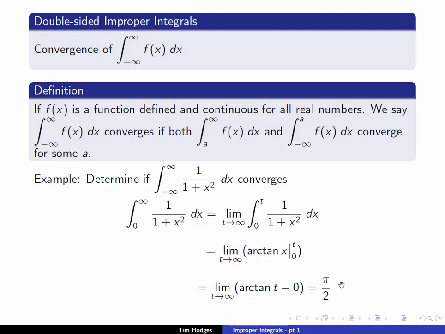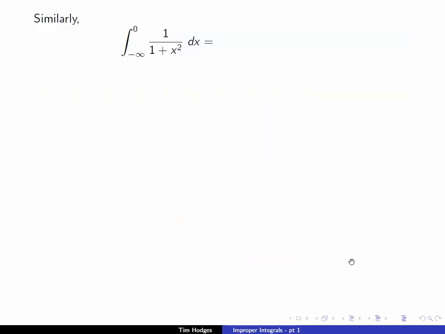And then if you remember the symmetry of this curve, you'll expect to get the same answer in the other direction. And we indeed do. Let's look at that calculation. The integral from minus infinity to 0 of 1 over 1 plus x squared is the limit as t goes to minus infinity of the integral from t to 0. So it's the limit as t goes to negative infinity of arctan x evaluated between t and 0.